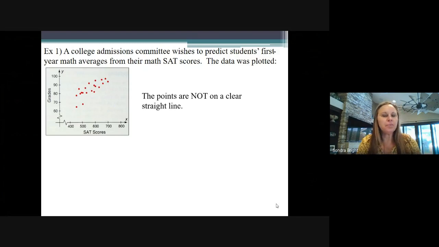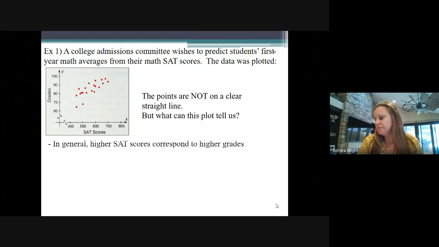Notice that the points are not on a clear straight line. That's normal, that's life. Not everybody fits on the same single line. But the plot still tells us some things. In general, higher SAT scores corresponded to higher grades. You can see that along the scatter plot, it's generally going up. As you move along the horizontal axis, the higher those go, the higher the grade seems to be.